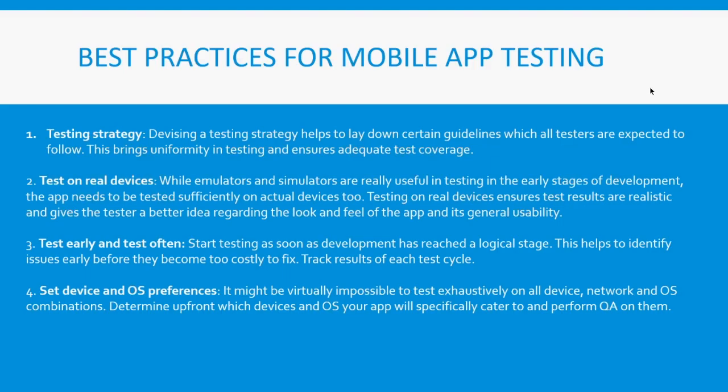Now, another best practice is you have to set your device and operating system preference. I talked about this earlier. This has to be aligned with business requirements. Business might say they want to test on Apple devices. It is your work as a tester to know which devices are out there in the market.